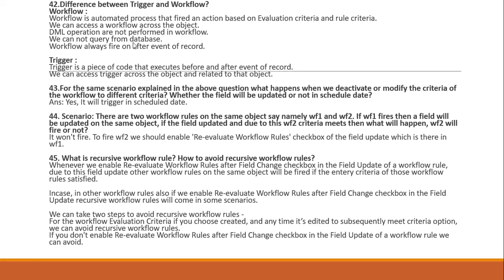We cannot query from the database. Workflow always fires after the event of the record. Triggers are a piece of code that executes before and after the event of the record. Triggers can access the object and objects related to that object.